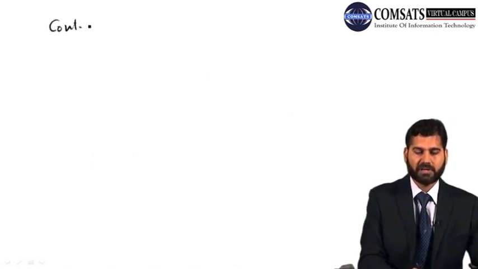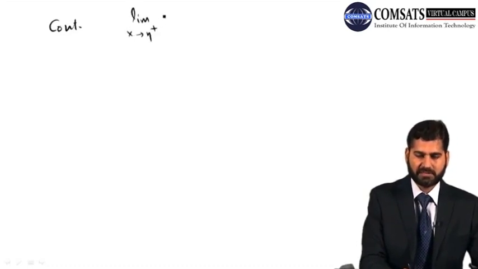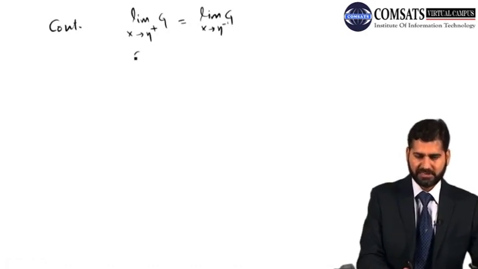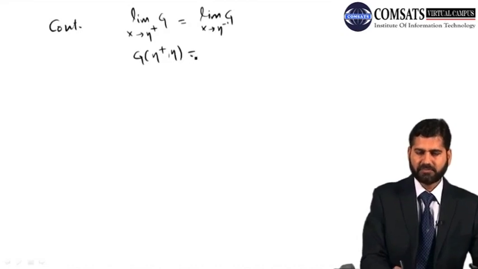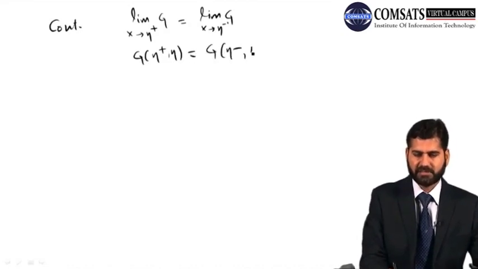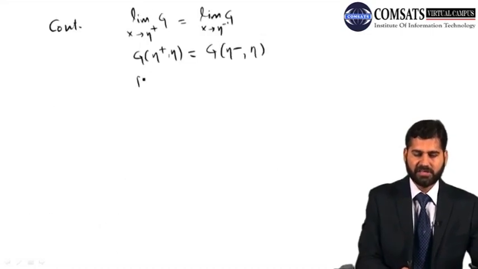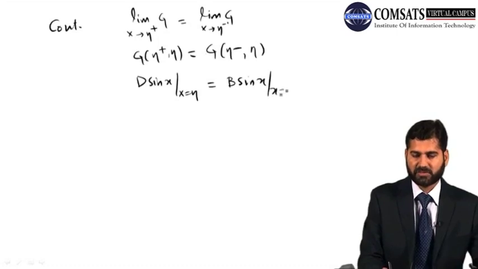Now continuity condition. Continuity says limit as x goes to eta plus of g should be equal to limit as x goes to eta minus of g. This is the same as writing g of eta plus and g of eta minus. Alright, so this is the same thing. G of eta plus is basically for x bigger than eta, that is d sine x at x equal to eta, and this is b sine x at x equal to eta.